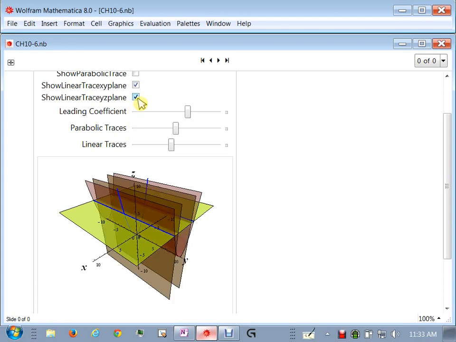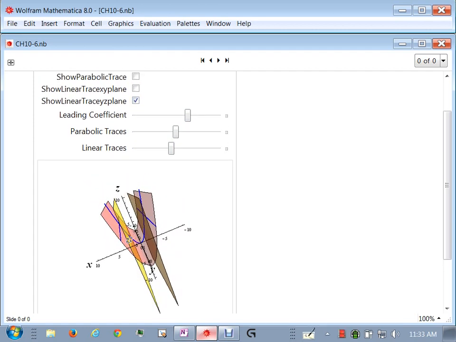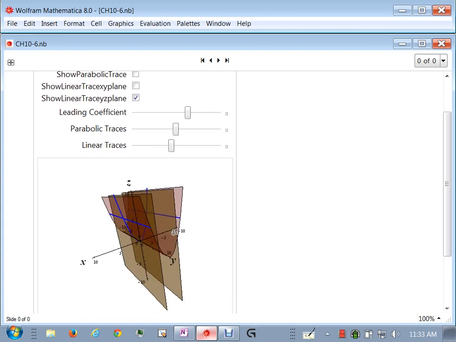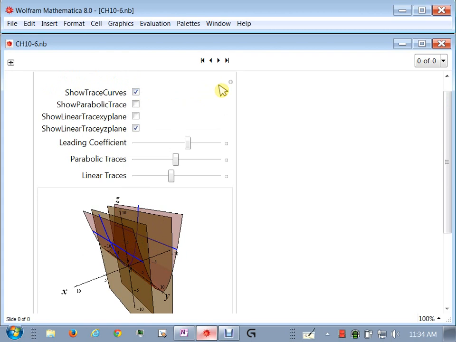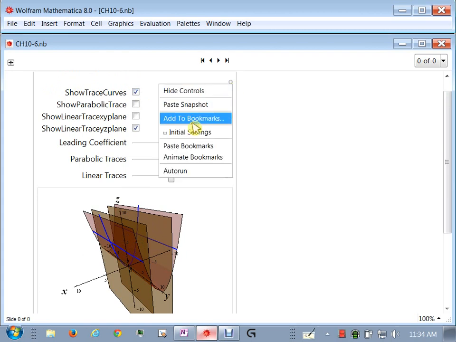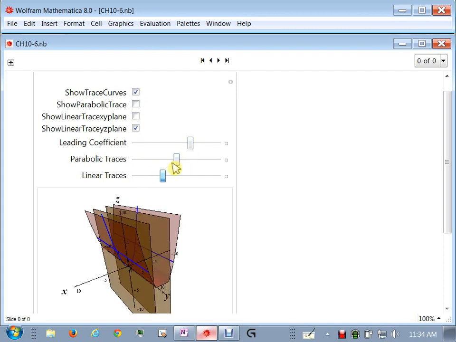Or what about this? Let me take that other one out. Can you all see that one? It's kind of hard to see. Those don't even look right. There they are.